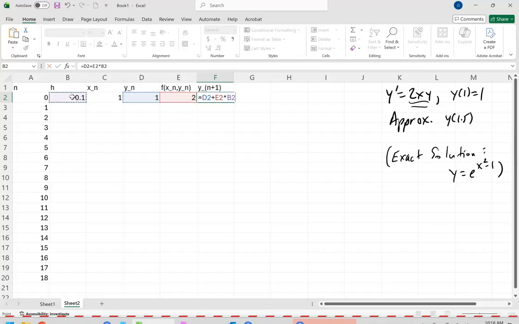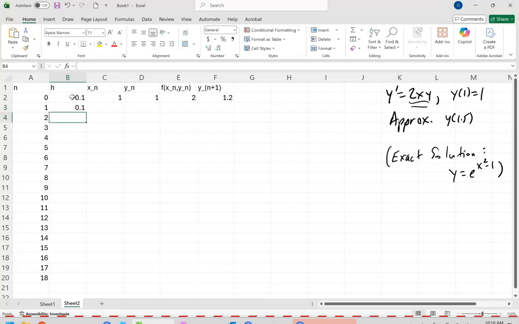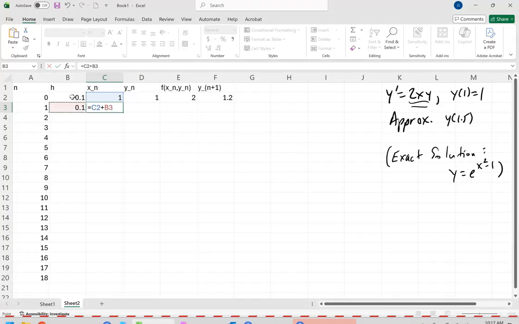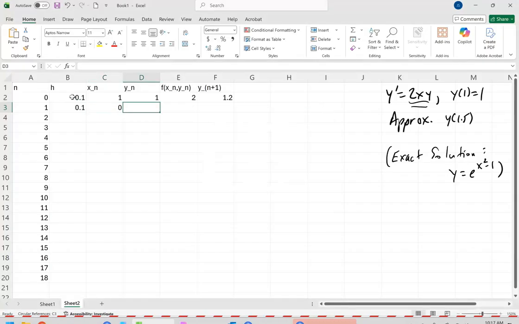Is that okay? And the rest is just copying. Remember, again, we want to copy down the step size because we won't be able to change it easily. Our next x is our previous x plus the step size. So it's just C2 plus B3 in this case, but it's literally previous x plus the step size. Oh, stop.